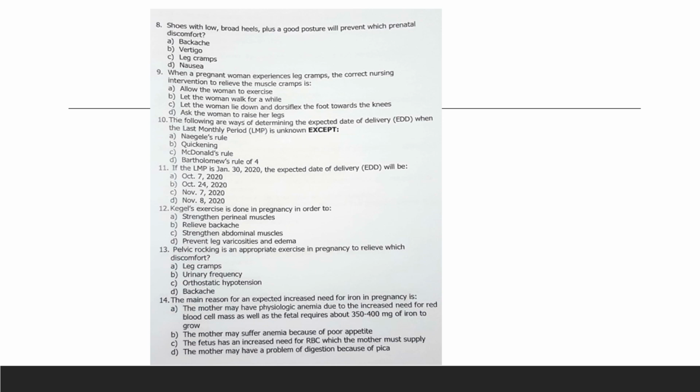Then question 14, the main reason for unexpected increased need for iron in pregnancy is, the answer is C. The fetus has an increased need for RBC, which is red blood cells, which the mother must supply. Okay, that is the answer.